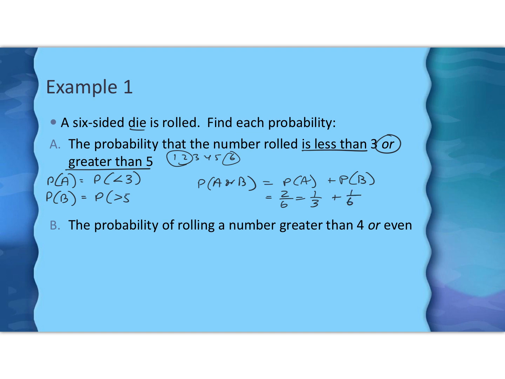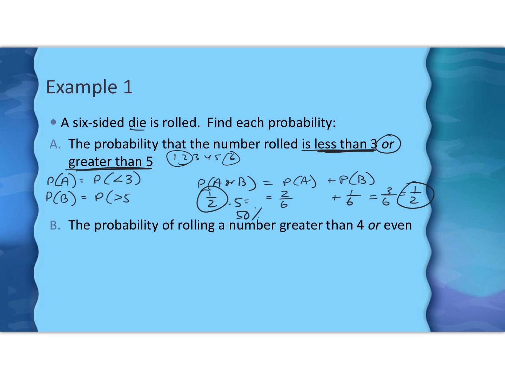I'm not even going to simplify it to 1/3; I'm going to leave it as 2/6. So the probability of A is 2/6, the probability of B is 1/6, and together it's 3/6 or a half. So the probability that you're going to get less than 3 or greater than 5 is a half, or 0.5, or 50%.